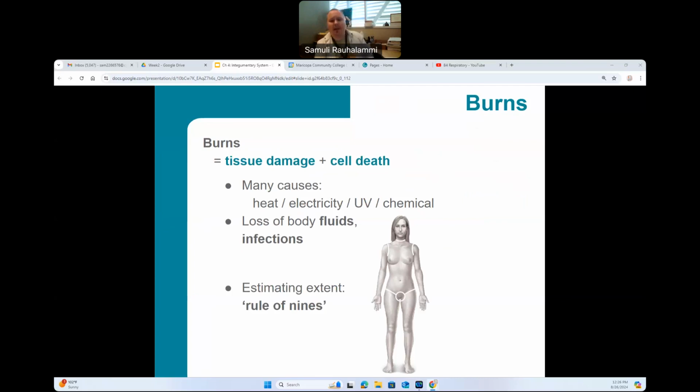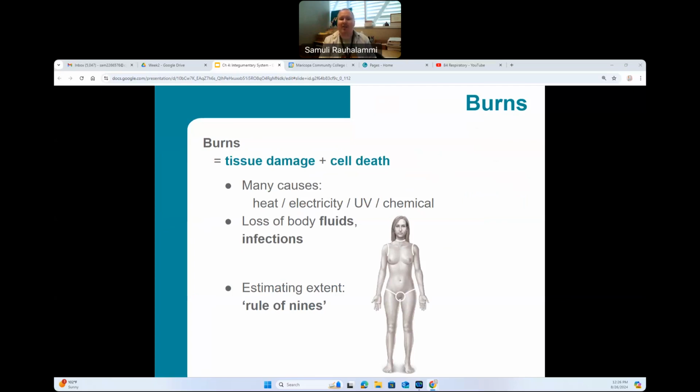So let's talk a little bit about the extent of the burns, and that's quite often important in a clinical setting to estimate how large a portion of the body has been burned. We use something known as the rule of nines to estimate the extent of burn.